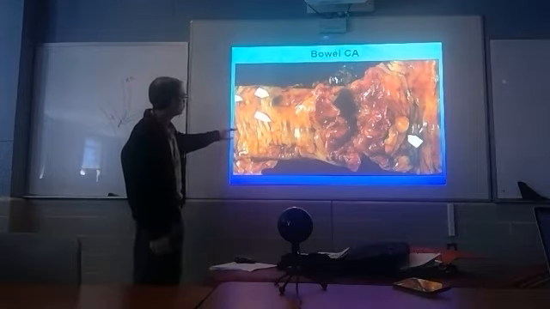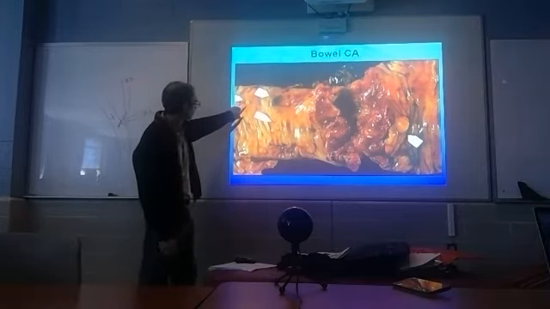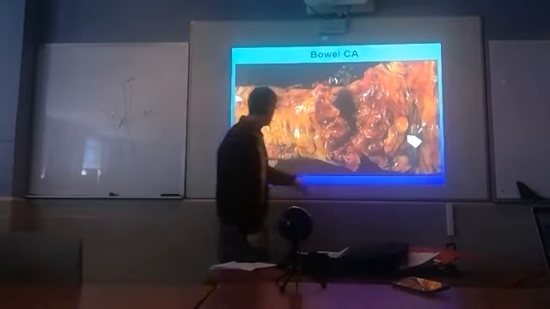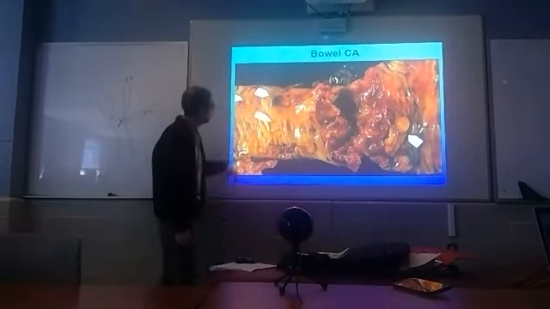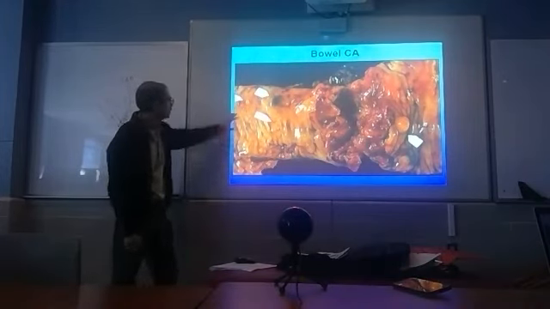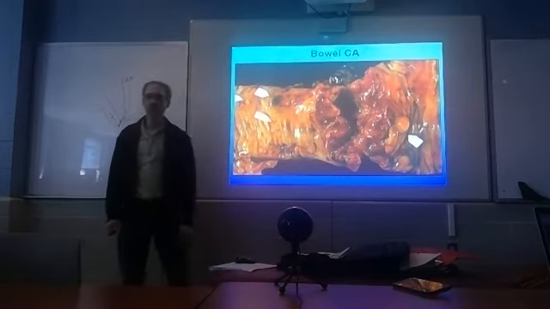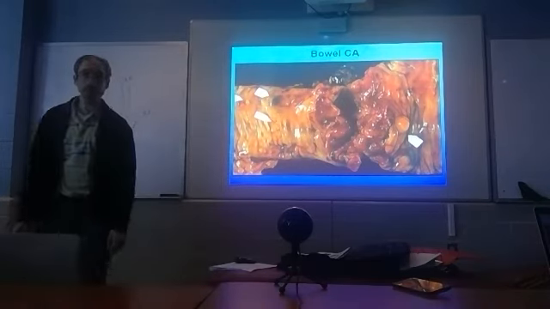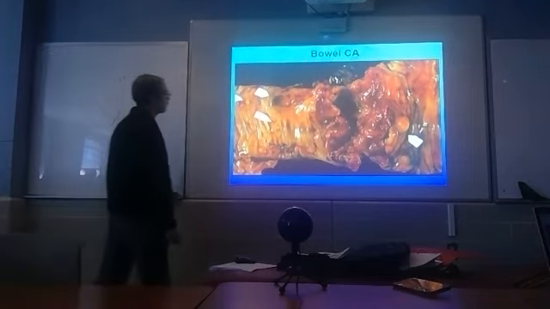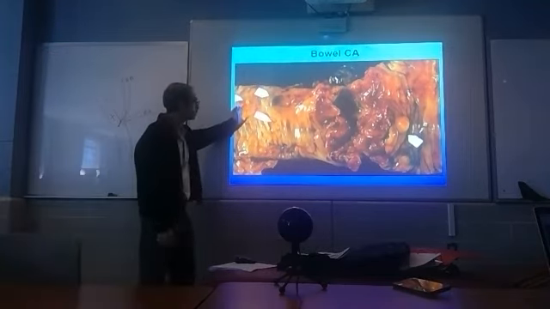Now, in this bowel, you'll notice that there are some polyps. Polyp here, polyp there, polyp there, polyp here. These are probably adenomatous polyps, probably benign in and of themselves, but they do have a dysplastic epithelium. The problem with these polyps is that they can undergo malignant degeneration.